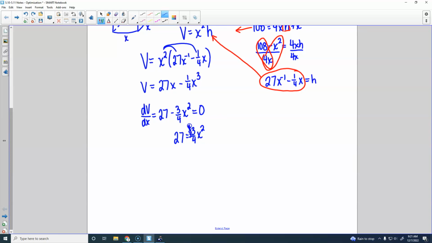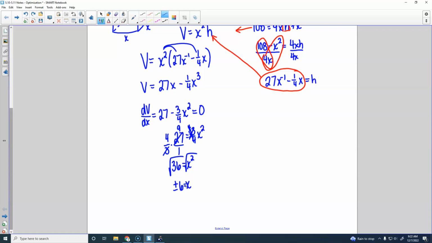Or divide by 3/4, but that's just going to multiply by 4/3. Some of these you'll be asked to do without a calculator. So this would reduce here. You get 36 equals x squared. And then we will square root both sides. So we get plus or minus 6 for our x.